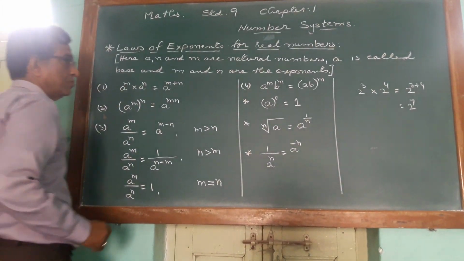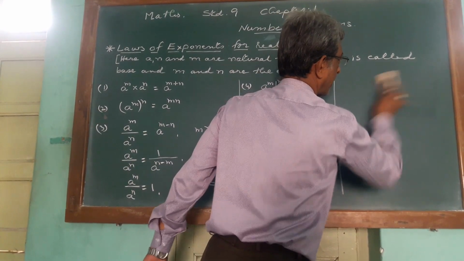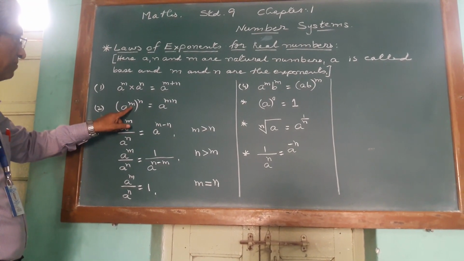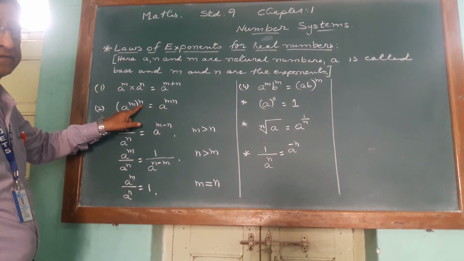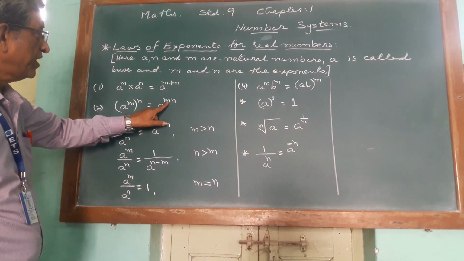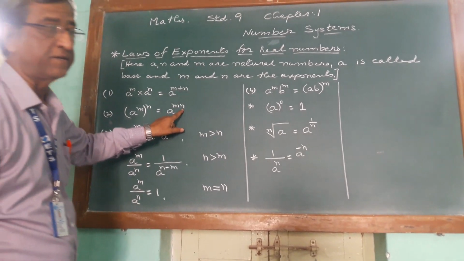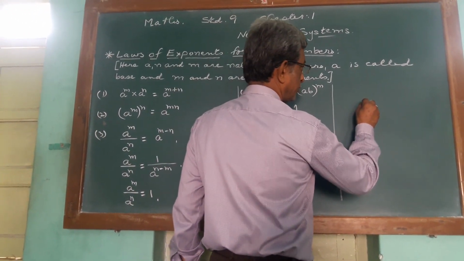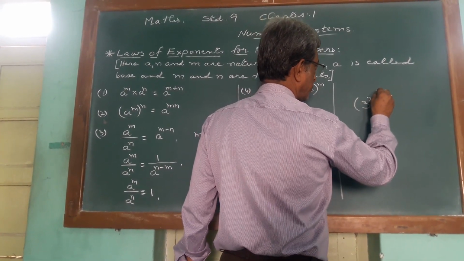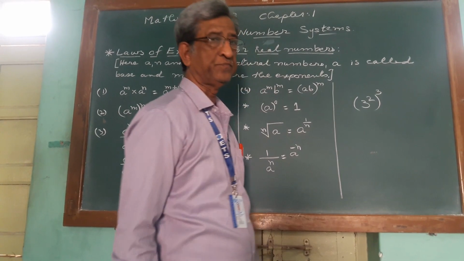Now rule number 2. A raised to m whole raised to n gives you a raised to m into n. As for example, 3 raised to 2 whole raised to 3.